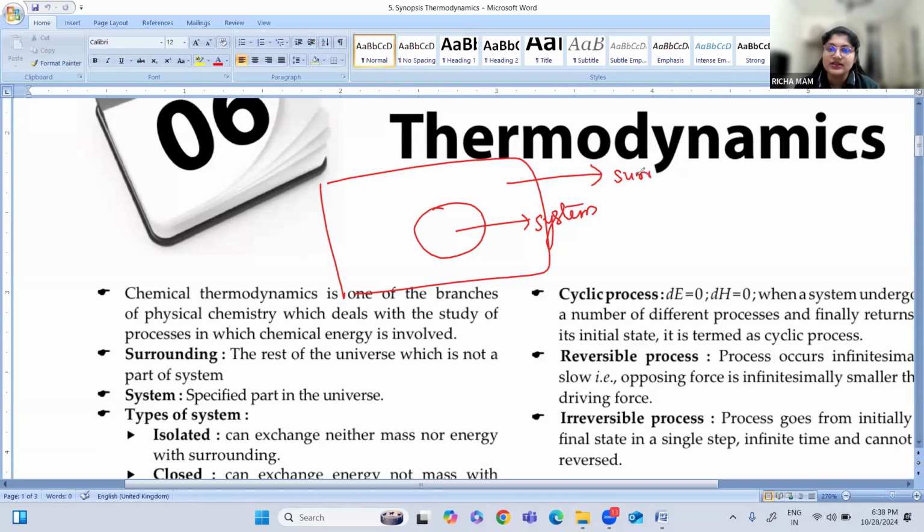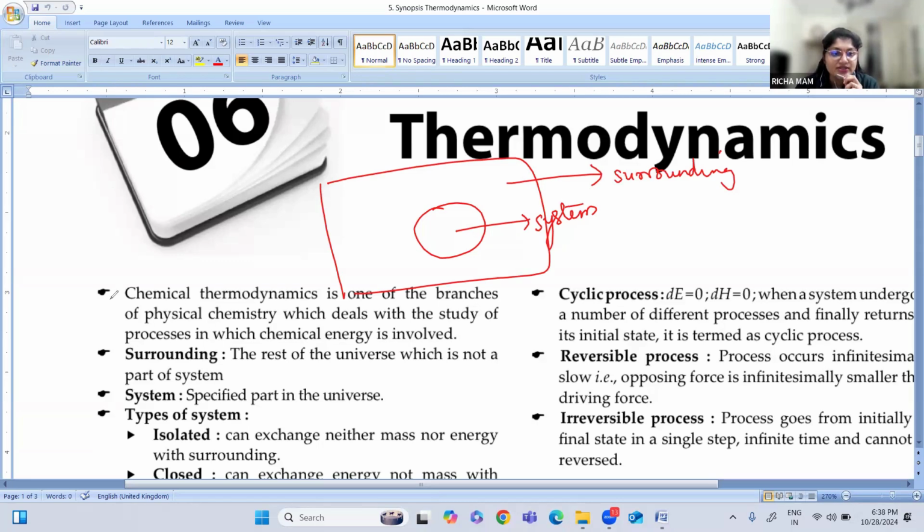So these are the two important things in thermodynamics when you are studying the different processes. System is a specific part in this universe, and the rest of the universe, which is not part of the system, is your surrounding.